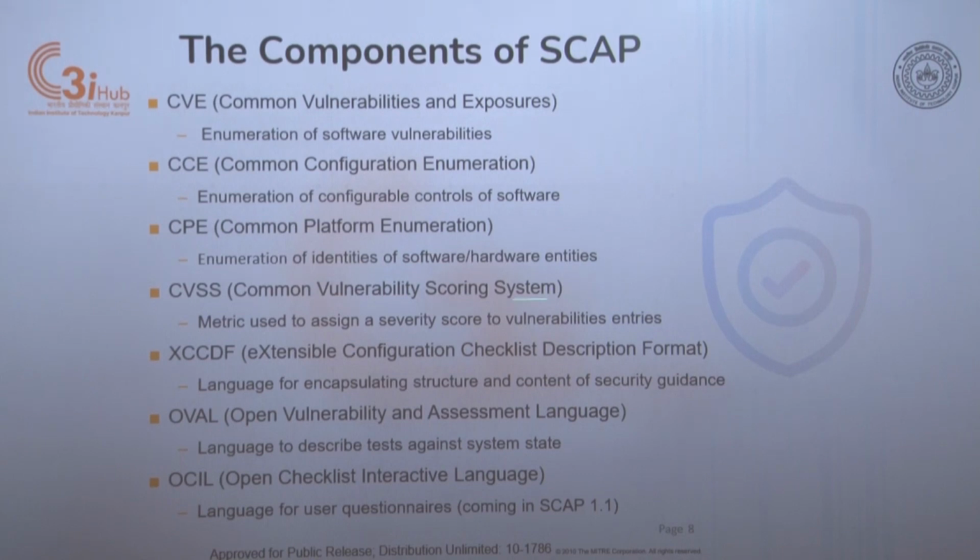The next one is a metric. You might have seen that this vulnerability has severity 10, or this vulnerability has severity 8.5 or 7.1, etc. How to measure the severity of a vulnerability, that is CVSS. This is also a very important one, because it allows you to decide which vulnerability to fix first.